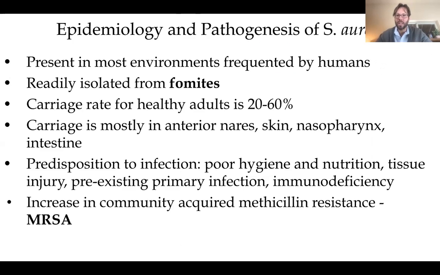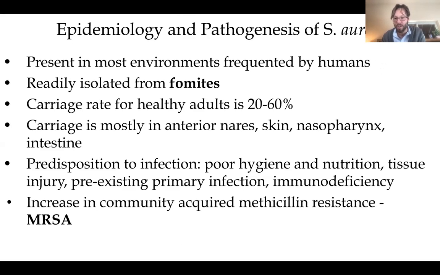So Staph aureus can be found pretty much wherever humans are. It's readily isolated from fomites. Now, we talked about fomites several weeks ago. Fomites are anything that bacteria can survive on that are frequently touched by us, right?